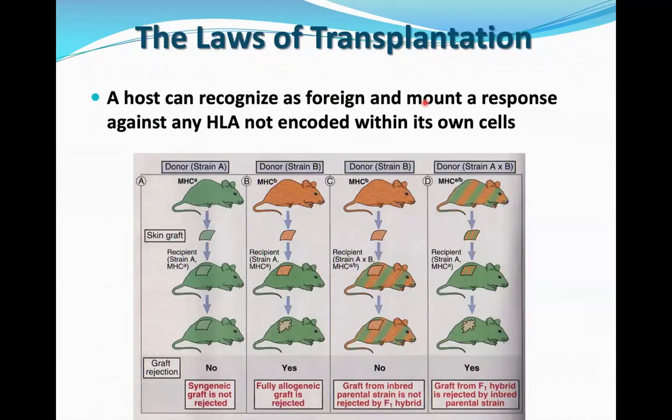So the problem that the surgeons, the human clinicians had with trying to understand the mechanism of what were the conditions which allowed for the acceptance of a graft or rejection.